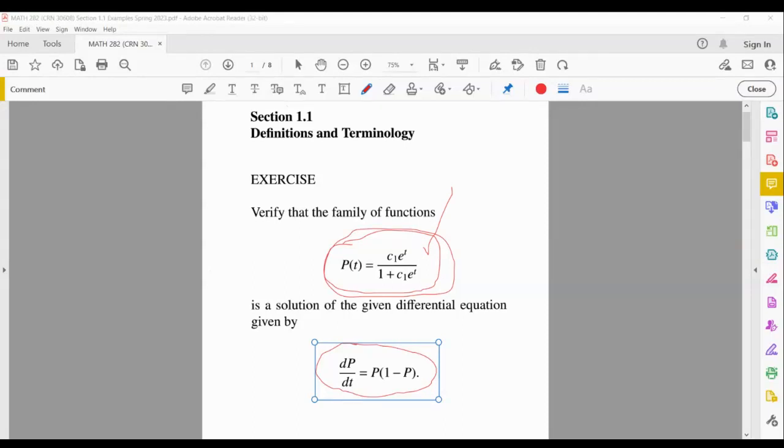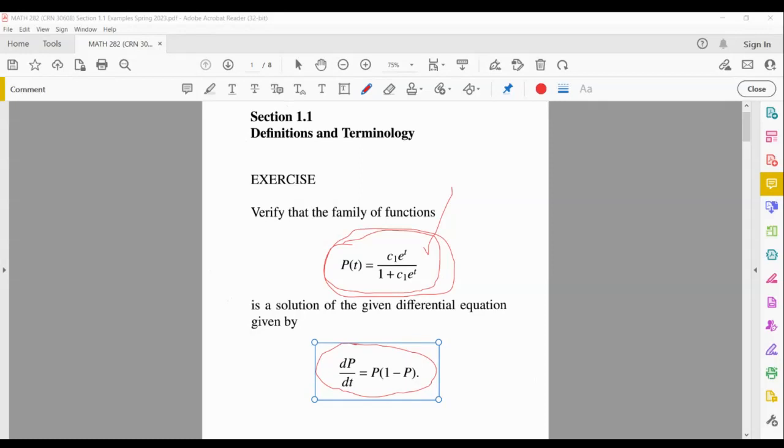Of course, to solve that differential equation, you'd have to use the separation of variables technique, which we'll get into next week. It would involve partial fractions and stuff like that. Everything you've learned in Calculus 2, you're going to apply here. But right now, all we want to do is verify that that function P of t is the solution to this differential equation.